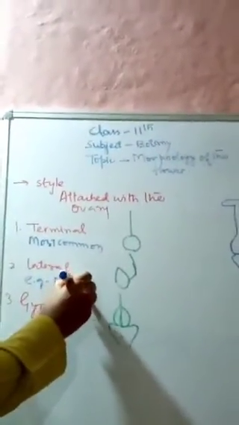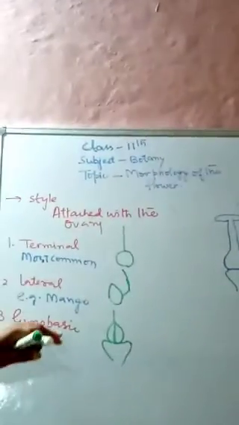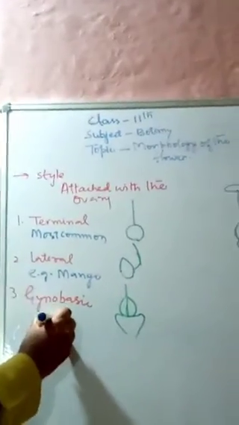Lateral we can find in mango. The third one, gynobasic, is found in the family Cucurbitaceae.